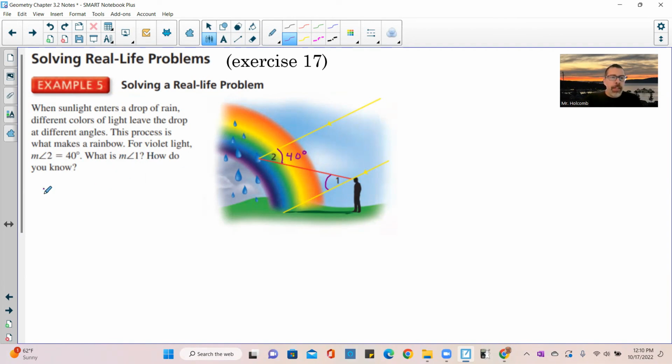Well, what I would say is the measure of angle 1 equals the measure of angle 2, because they're alternate interior angles, and alternate interior angles are congruent. So therefore, the measure of angle 1 is 40 degrees. Okay, and that's it. That's pretty short and sweet.